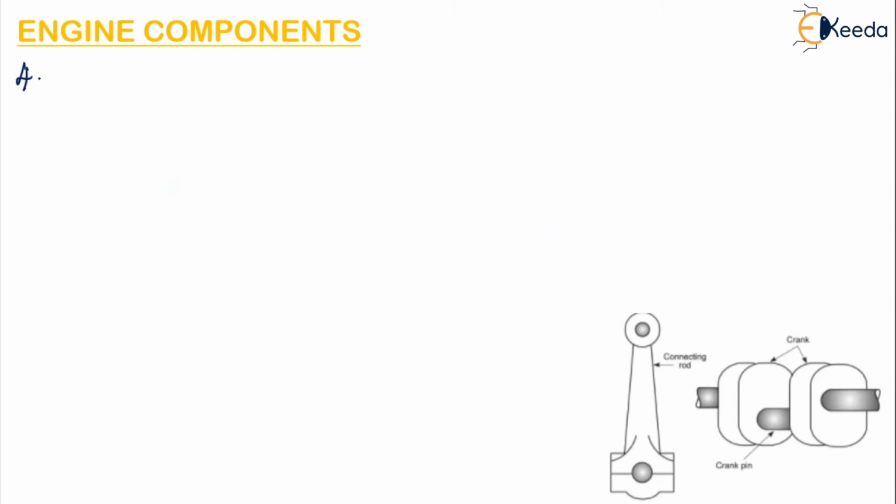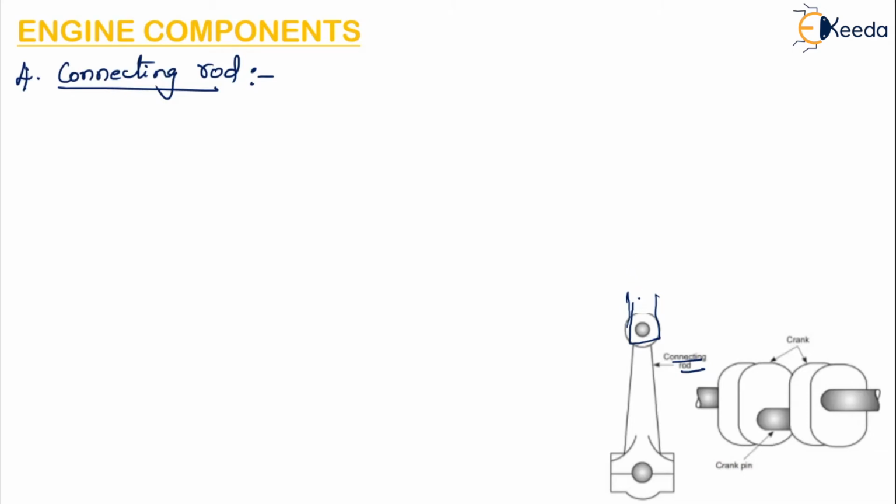The next component, the fourth component, is the connecting rod. So the connecting rod's function is to transmit the reciprocating motion of the piston into rotary motion of the crank. So here this is the connecting rod which is shown in the figure. So here there is a piston connected here. So piston moves up and down, right?